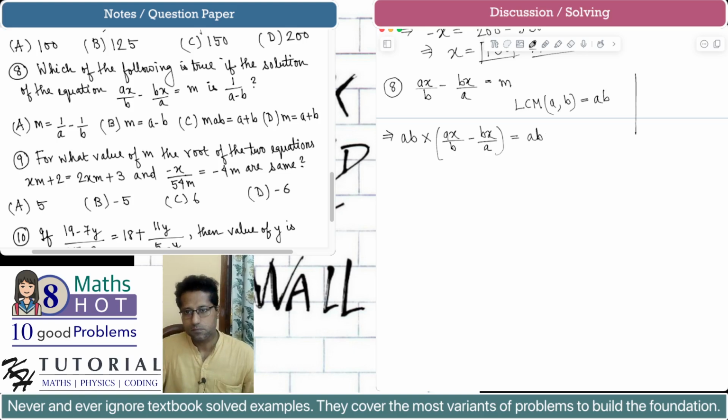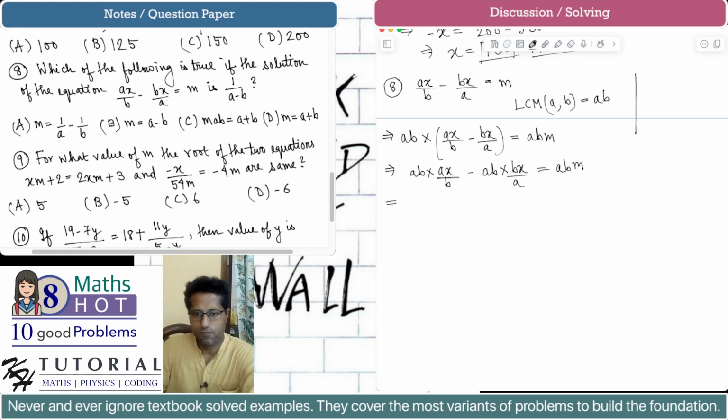Now, if you simplify the LHS, distributing the multiplication over subtraction, you get ab multiplied by aX by b minus ab multiplied by bX by a is equal to abm.